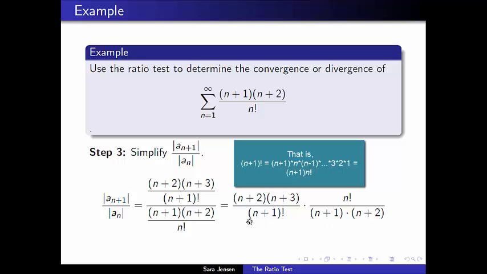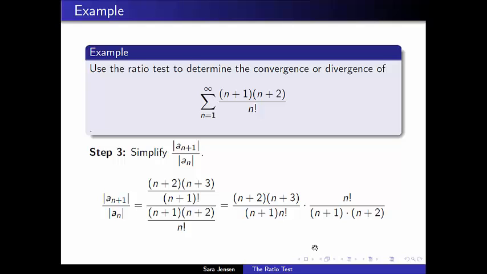The n plus 1 is sort of a first term, and then what's left after that is n times n minus 1 times n minus 2, and so on. In other words, right after that n plus 1, we're multiplying by n factorial. So we can rewrite that n plus 1 factorial as the quantity n plus 1 multiplied by n factorial.